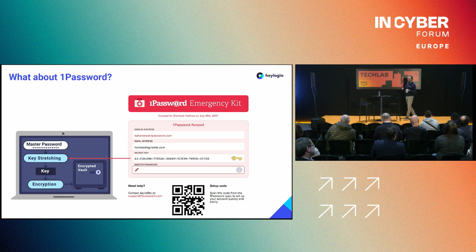And obviously, that means attackers who just stole all the vaults and are trying to brute force also need the secret key. And that secret key is only available on paper on the end user side. So 1Password is secure in case of a 1Password data breach. Pretty great, right? I mean, that comes at a certain cost, and the cost is usability. People need to print out paper and put it in their drawer. There's a second secret which needs to be used.